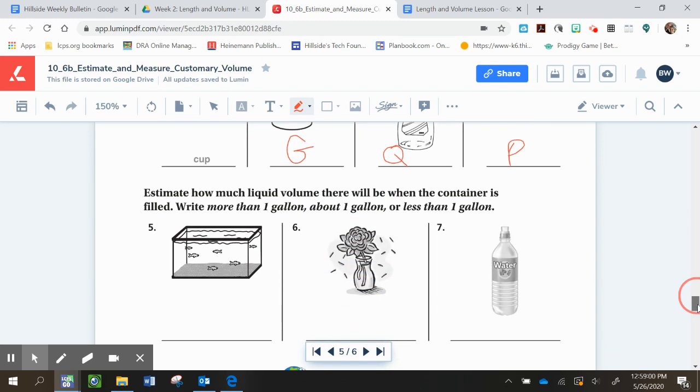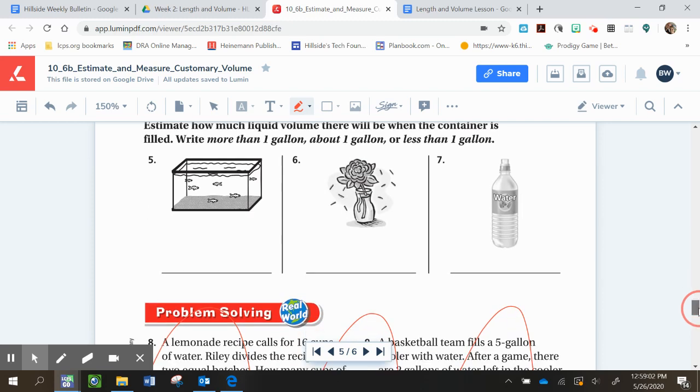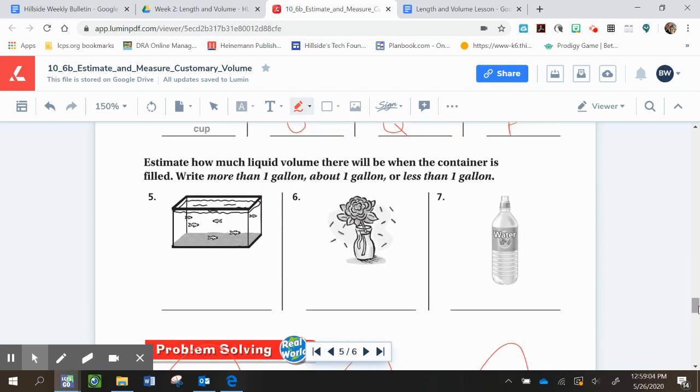Okay? Again, we're going to estimate how much liquid volume there would be when the container is filled. More, less, or about the same as a gallon. So with the fish tank, there would definitely be more water than just a gallon. Okay. With our water vase for our flower, depends.